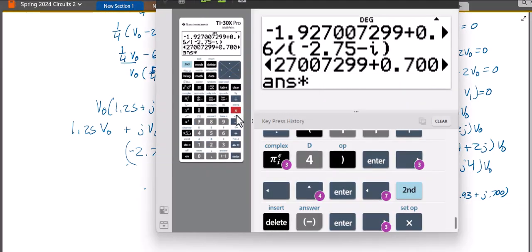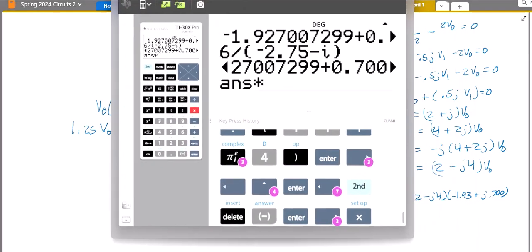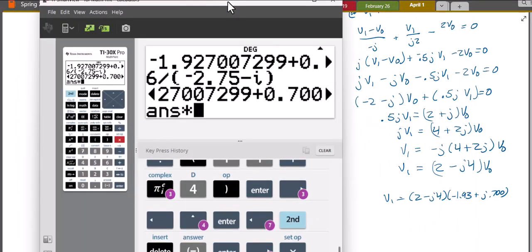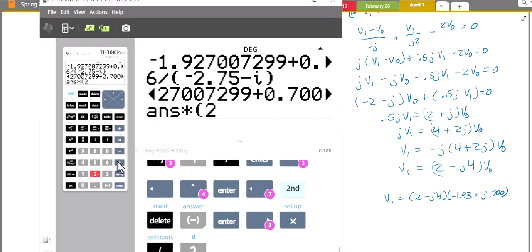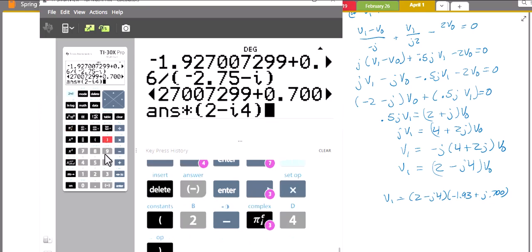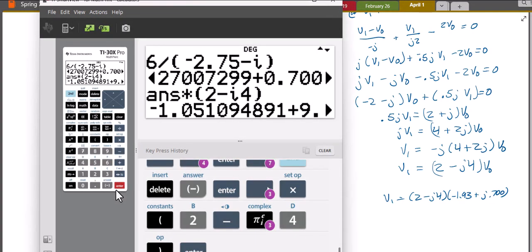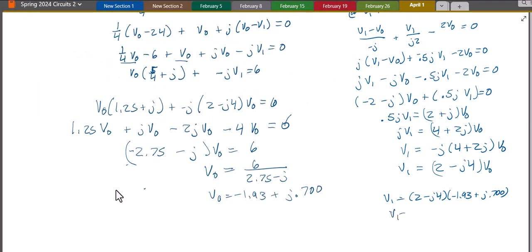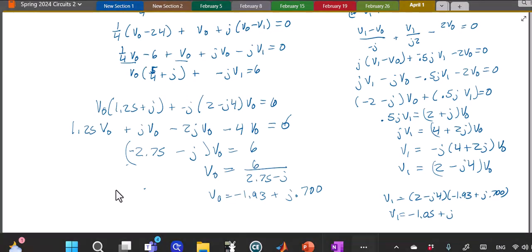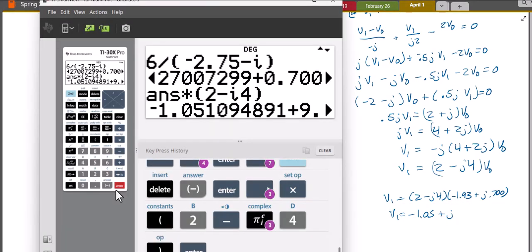Take our last answer times 2 minus J4. And I get V1 is minus 1.05 plus J 9.10.